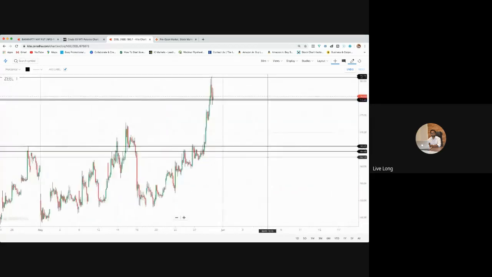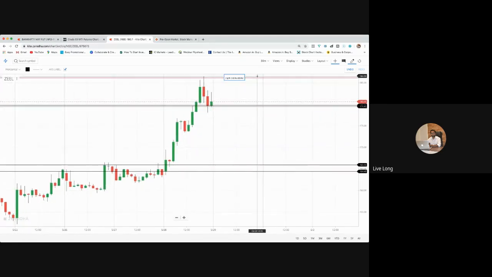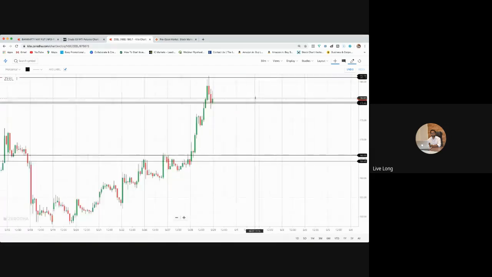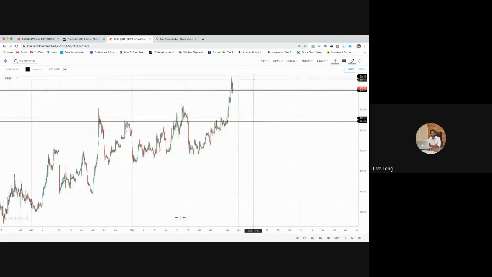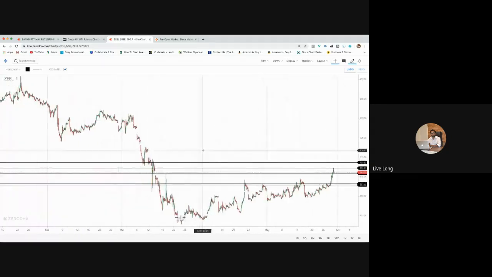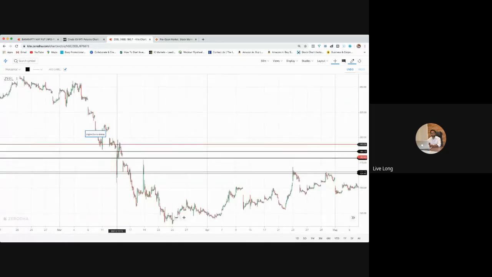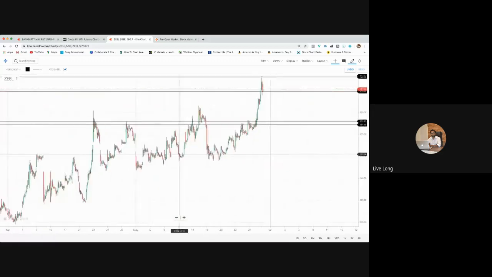Let's have a closer look. The stop loss is around 179.4, and the entry is around 186. The first probable target would be a level like 190. I can expect it to come to 193 or 193.5, somewhere around 193, right?